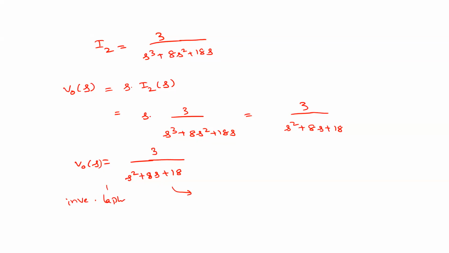You're already familiar with this, right? So what you will get? So V of t, if this is its inverse Laplace, right? What is the inverse Laplace of this one? What kind of form it will be?